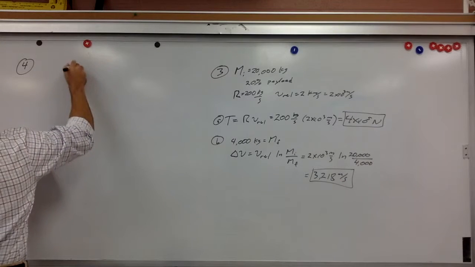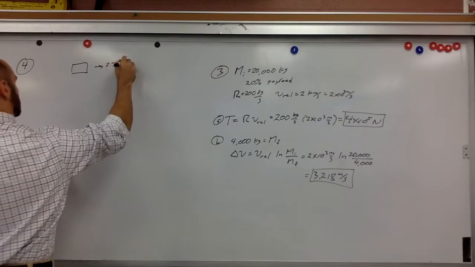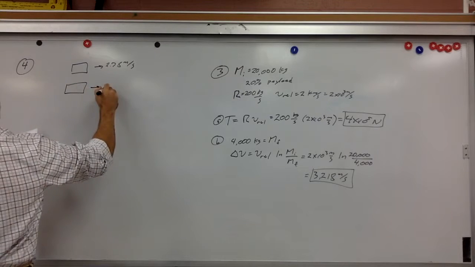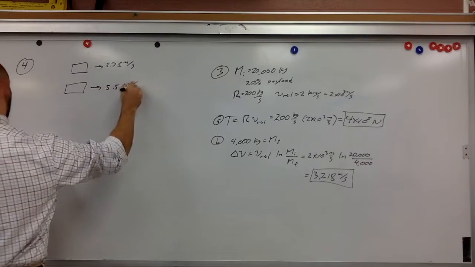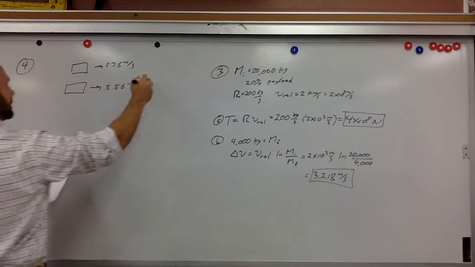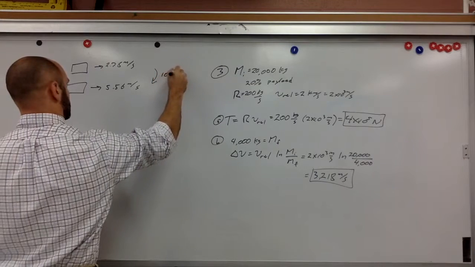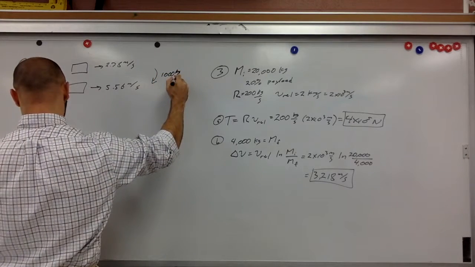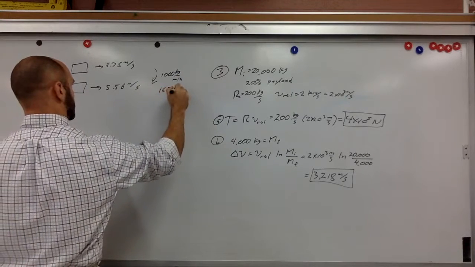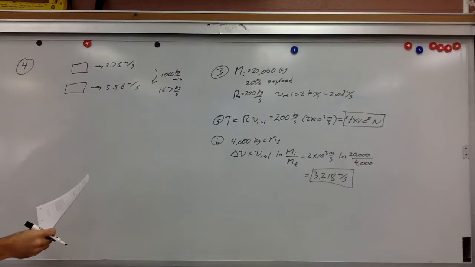You've got this slower barge going at 2.78 meters per second, faster barge going at 5.56 meters per second. And then you've got stuff going from here to here at a rate of 1,000 kilograms per minute, which, if you convert it, is about 16.7 kilograms per second.